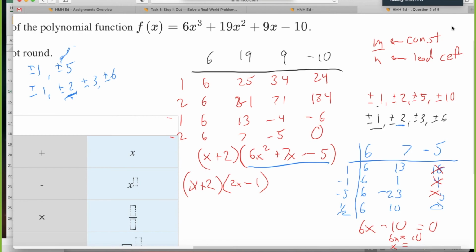X equals 6 over 10, which equals 3 over 5. Ha! There was another positive one in there. I did that wrong again. Man, must be getting late. So x is 10 over 6, which would equal 5 over 3.